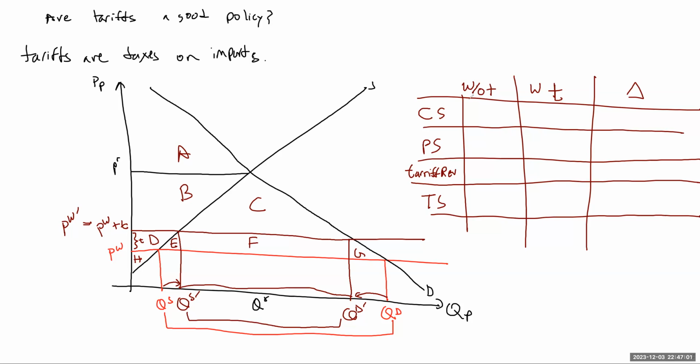All right. Consumer surplus without tariffs. Here's the demand curve, and this was the price. So it's the triangle created from the demand curve and PW. So it's A plus B plus C plus D plus E plus F. Oh, no, that's not enough.